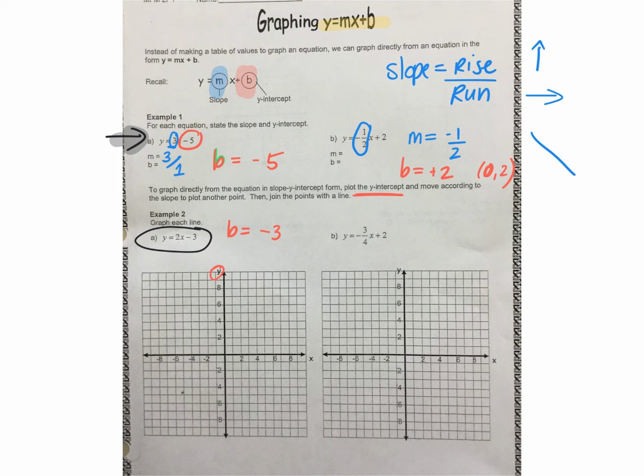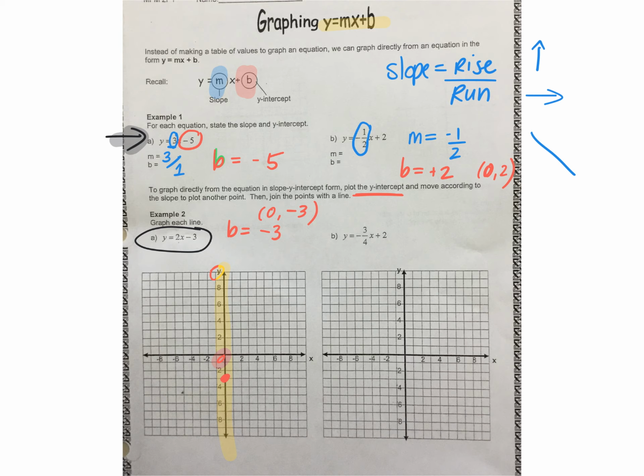Here's our y-axis, right? So I know the point has to be at 0, -3. So it's going to hit the y-axis here. Does everyone see that? Plot your first point. 0, -3. That's where the line hits the y-axis.